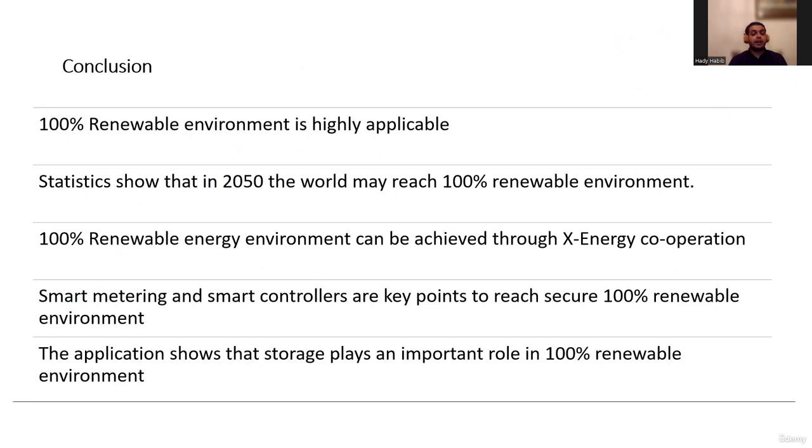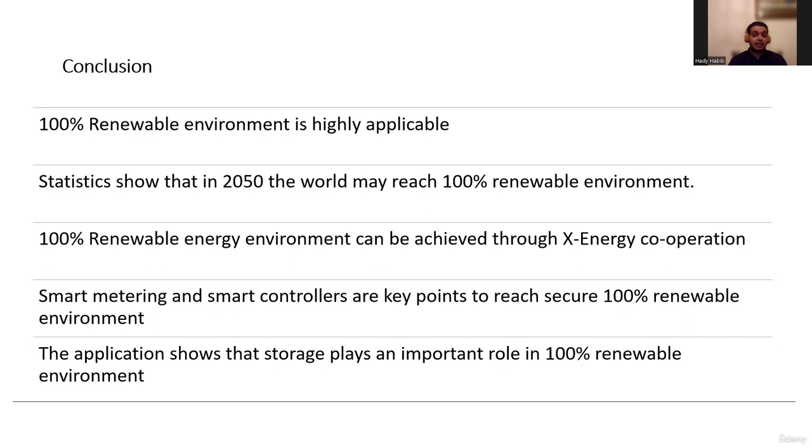Let us try to conclude what we said. A 100% renewable energy environment is something highly applicable. There are countries already turned to 100% renewable energy, like Iceland, Norway, Costa Rica, and others. Statistics, agendas, main meetings for presidents worldwide say that in 2050 the world must reach a 100% renewable energy environment.